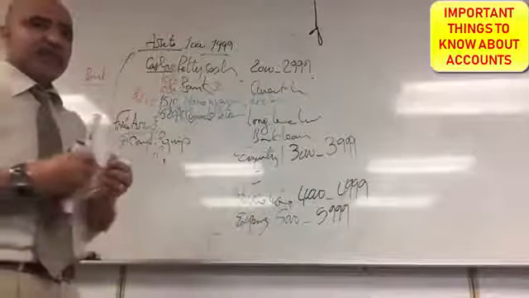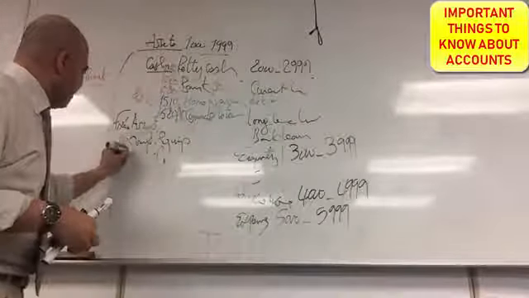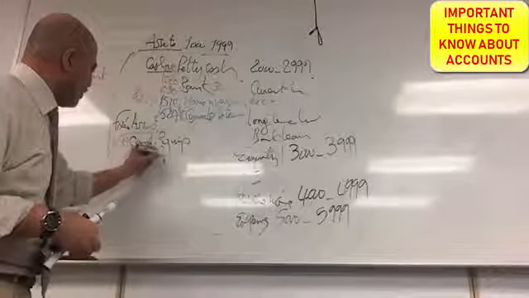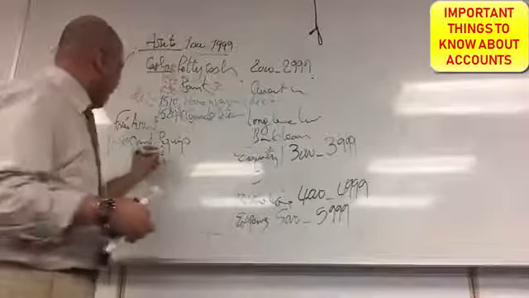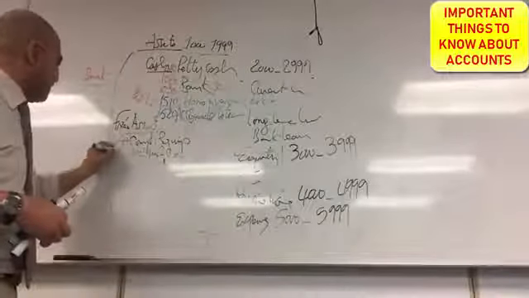Computer equipment 1650. Okay, accumulated amortization of this computer equipment 1655.